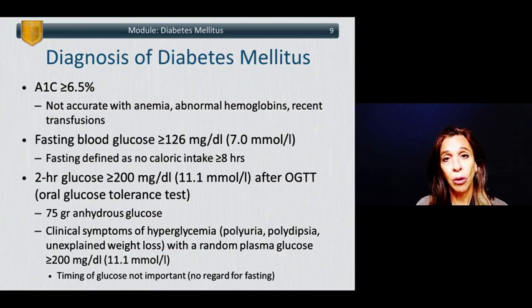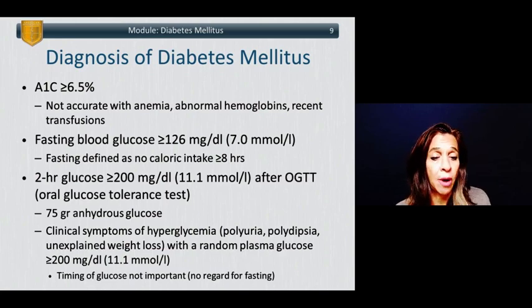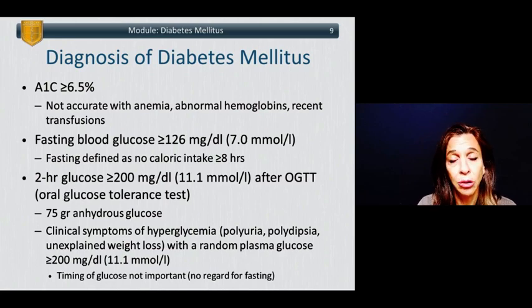In the past, oral glucose tolerance tests were used a lot more frequently. These have become much less common currently, but this consists of ingesting 75 grams of anhydrous glucose and then measuring glucose level. And a 2-hour postprandial glucose after the 75 grams of glucose ingestion of 200 milligrams per deciliter or greater, or international units of 11.1 millimoles per liter or greater, defines diabetes.